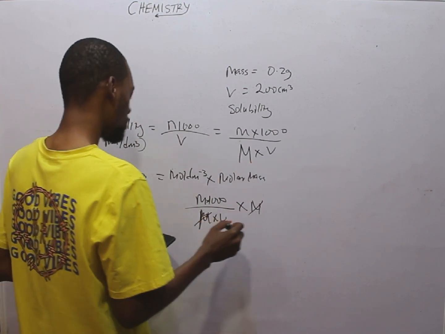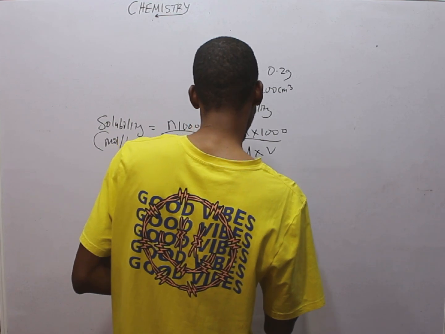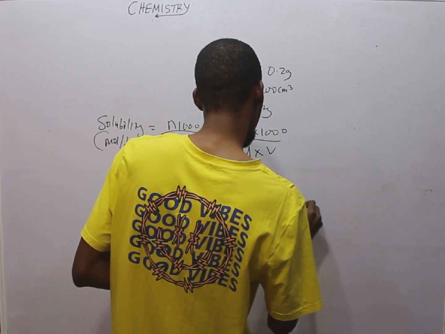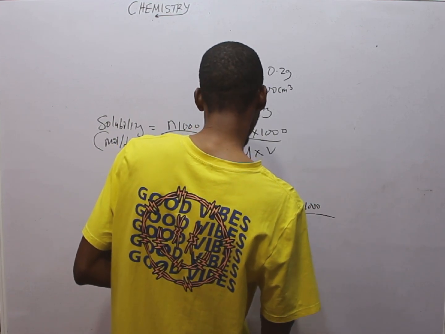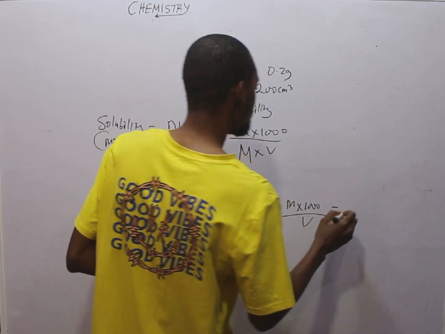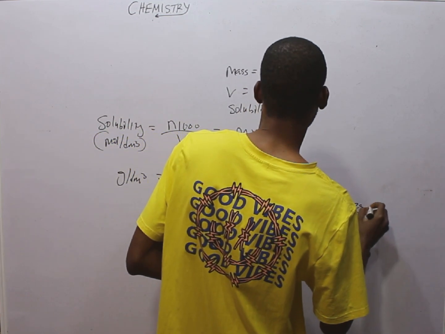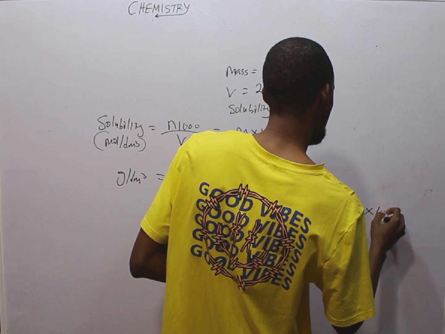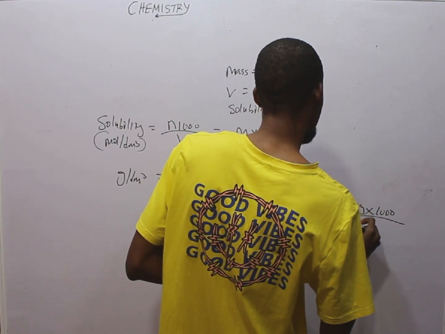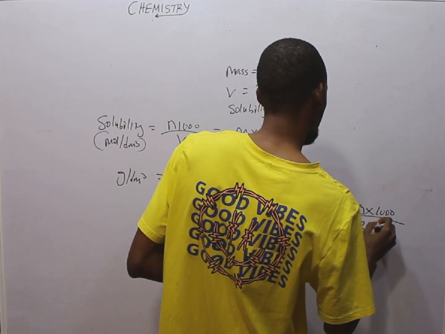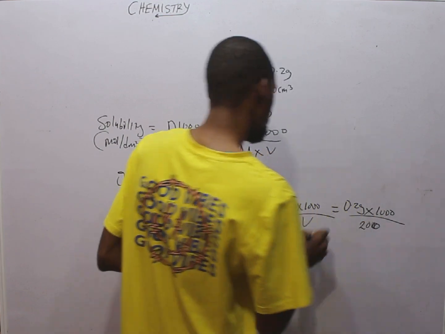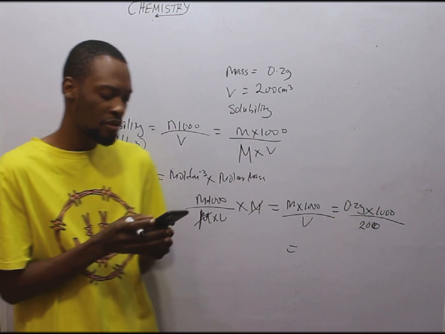M cancels M. So solubility in grams per dm³ is equal to mass times 1000 over volume. And this is simply mass is 0.2 grams times 1000 over volume is 200 cm³. So this is your solubility in grams per dm³.